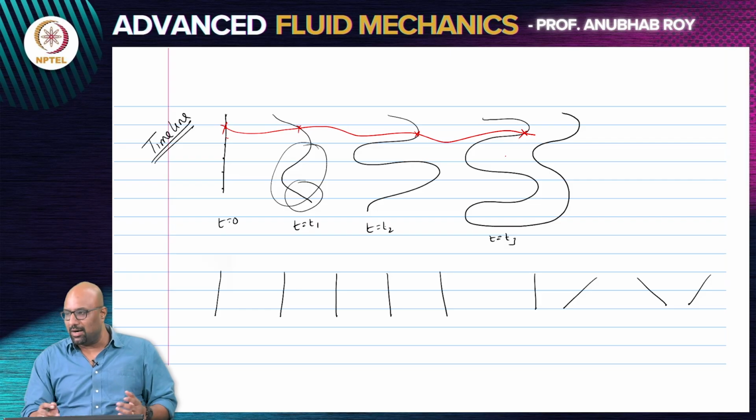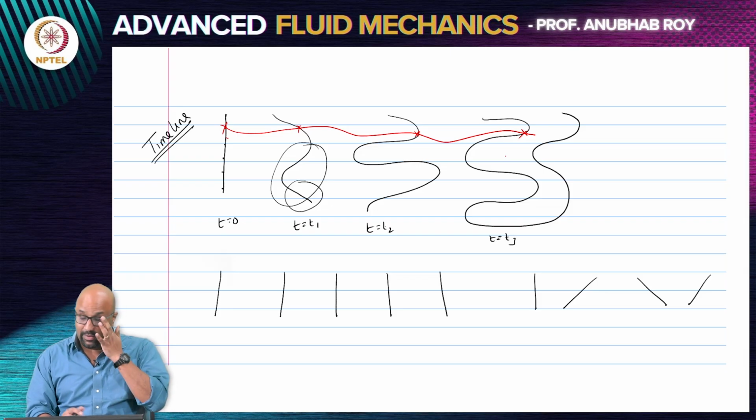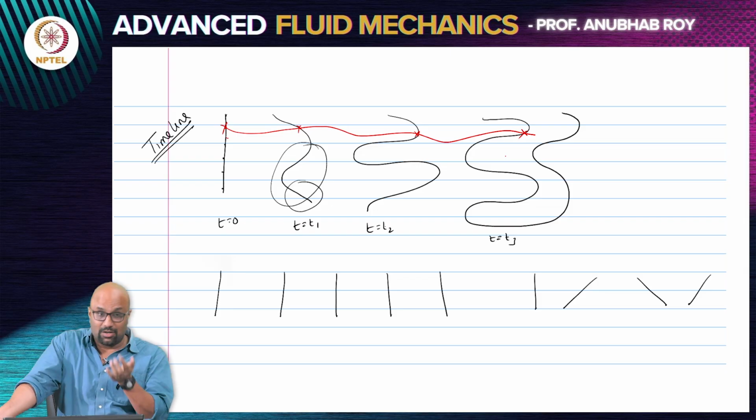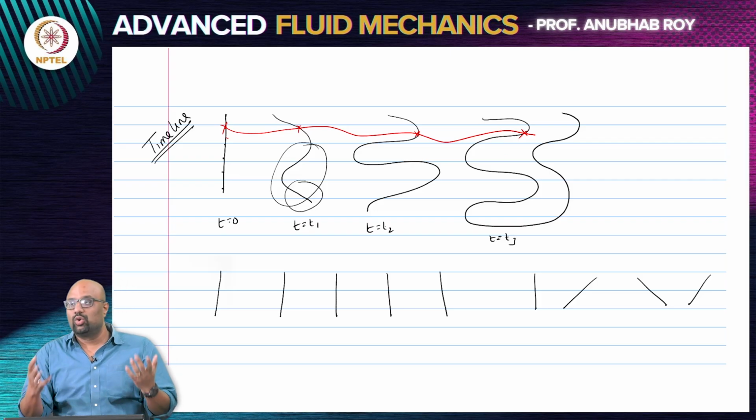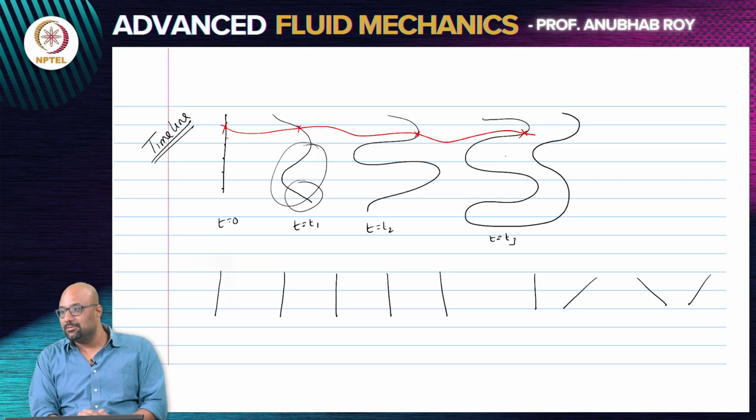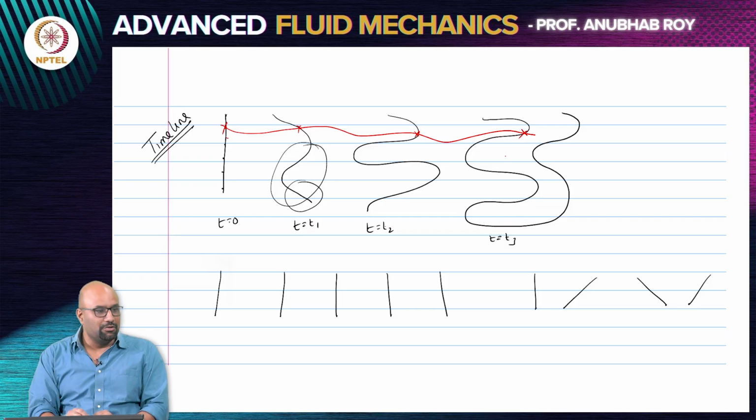A collection of particles. An example which I often give is viewing students in class as fluid particles. So, if you think in terms of path line, you track an individual particle.